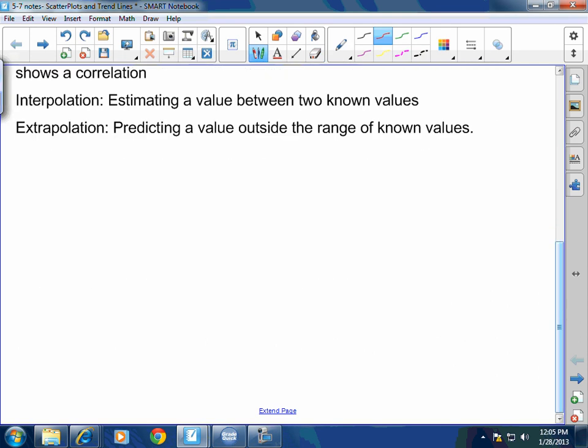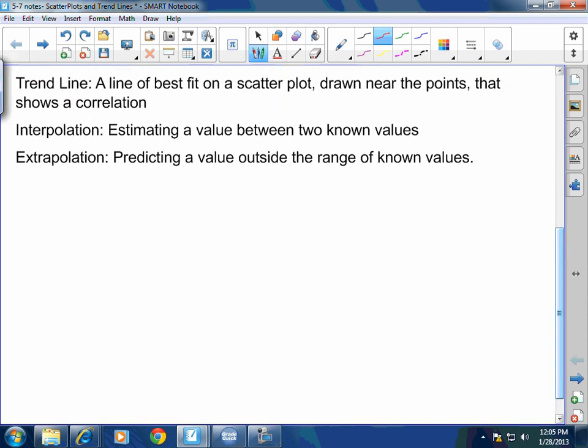Let's say that I tell you, you have the following graph: the donuts you eat and your weight. The more donuts you eat, of course, the more you will weigh.